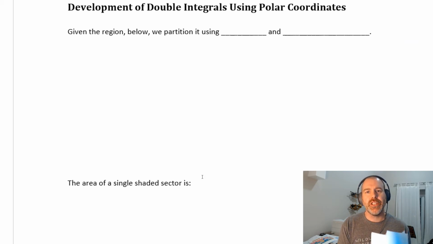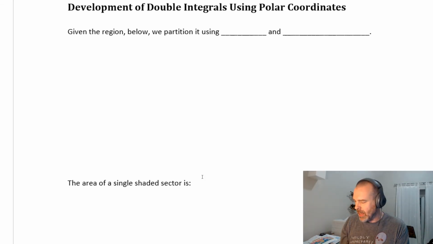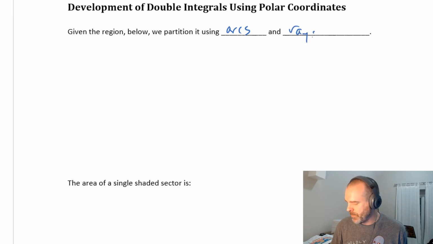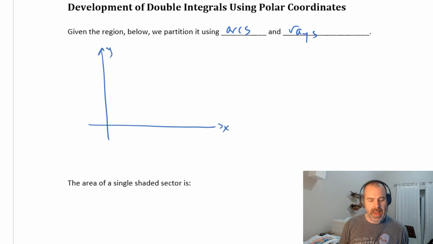Instead of partitioning in terms of x and in terms of y and ending up with rectangles, what we would do is cut arcs and then have different rays coming out from the origin. If we think of our partition, we have x and y.